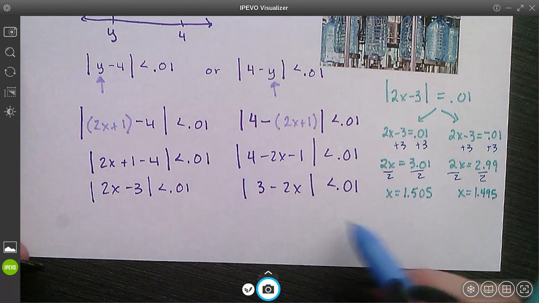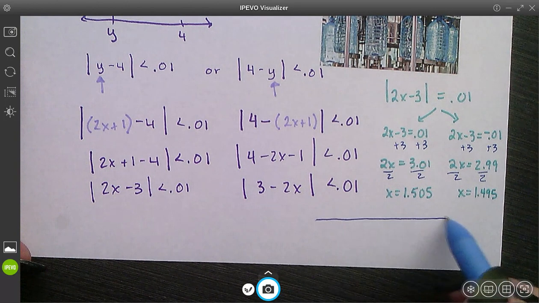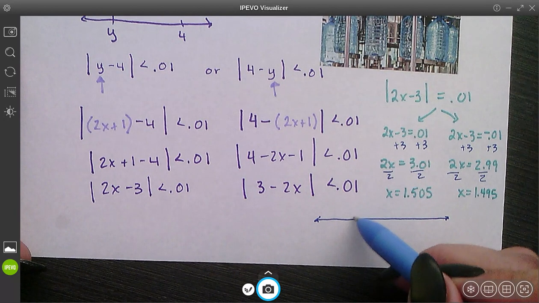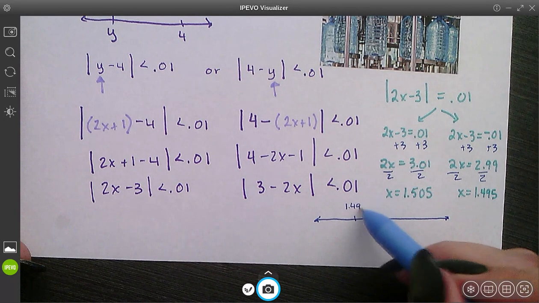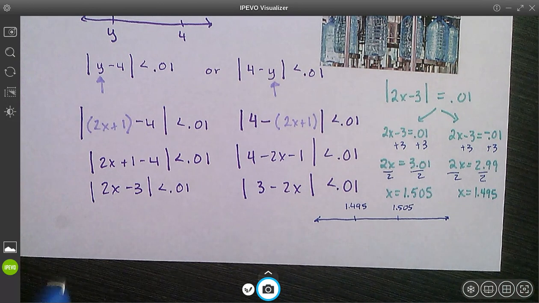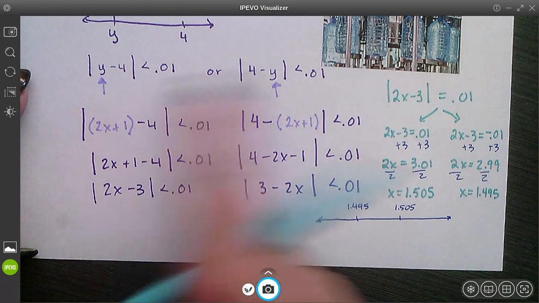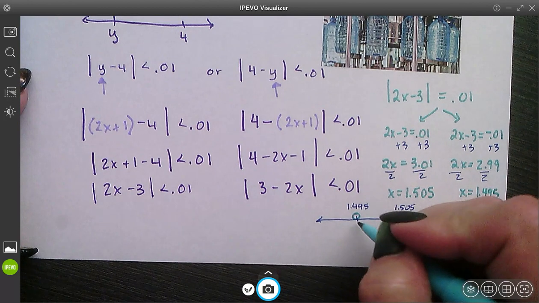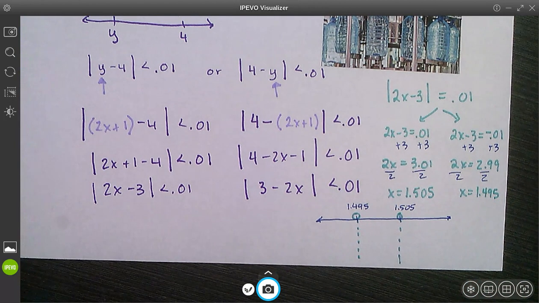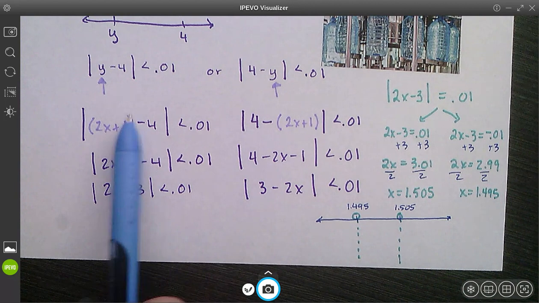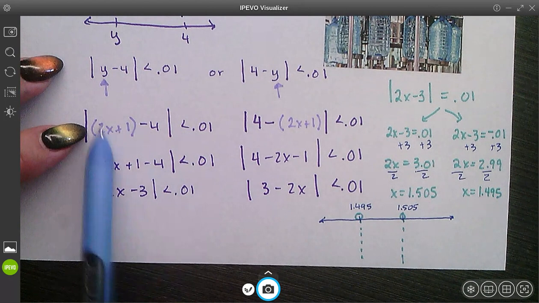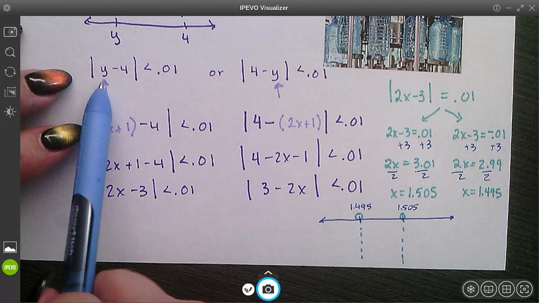Next thing I need to do is make a number line with those values on it. So I have 1.495 and 1.505. My original inequality was less than, so we're going to have open circles. And then I'm going to test values in the original inequality here, not here, because that doesn't have any x's.